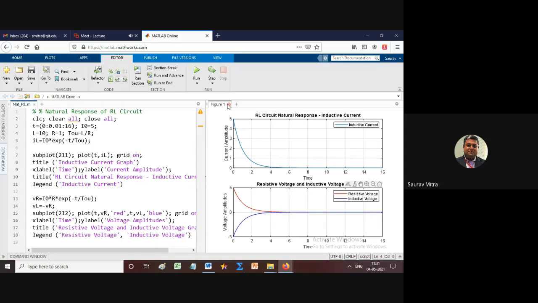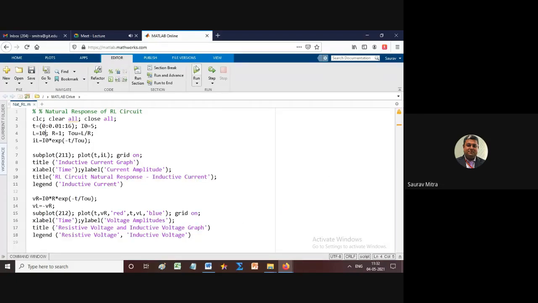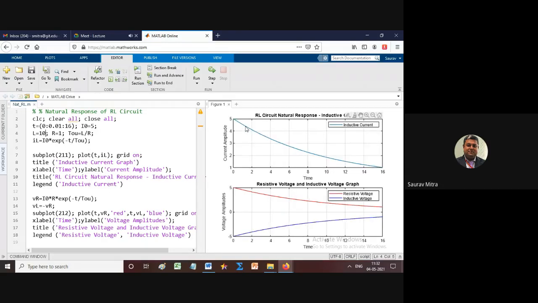Now I want a slower time constant, so I have increased the value of L by 10 times. I have taken L as 10, R as 1. See that it has become very flat. It is not going to zero very fast. This is how the value of tau changes.